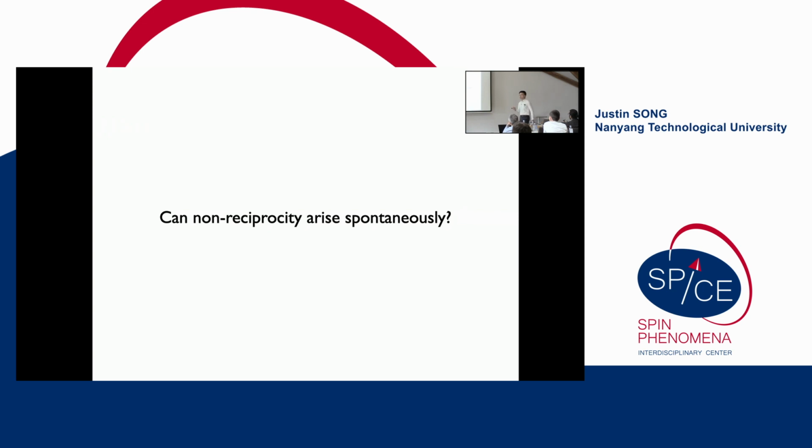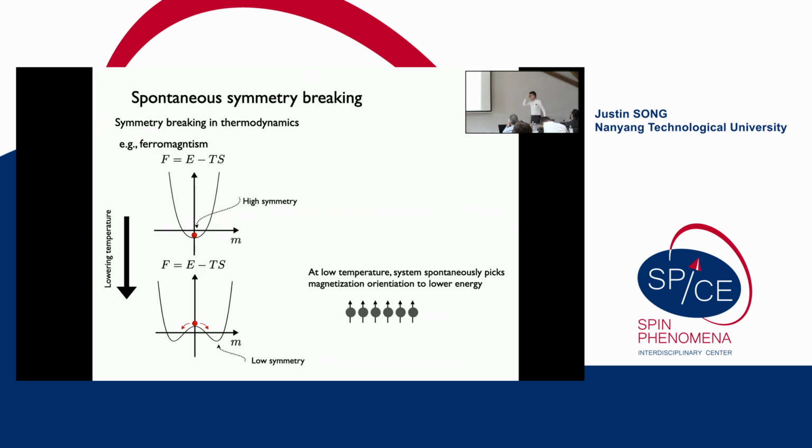But I'd like to ask the question, can I have this non-reciprocity decoupled from the ground state and arise spontaneously? And this will come into the question that Andy asked, all right? So typically when I think of spontaneous symmetry breaking, I think of this kind of Landau-esque way of thinking about it, right? So I change a parameter, change temperature, for instance, and I go from high symmetry state to low symmetry state, right?